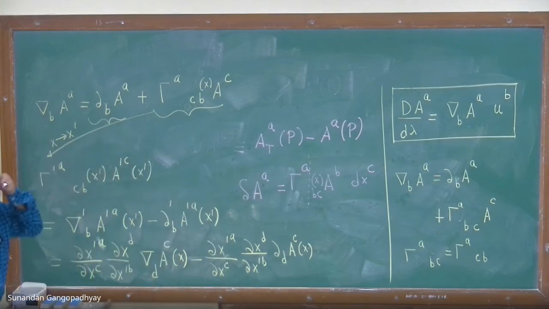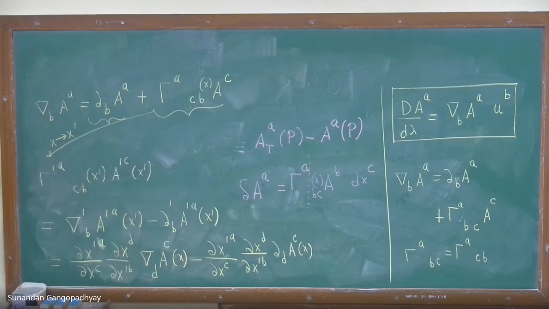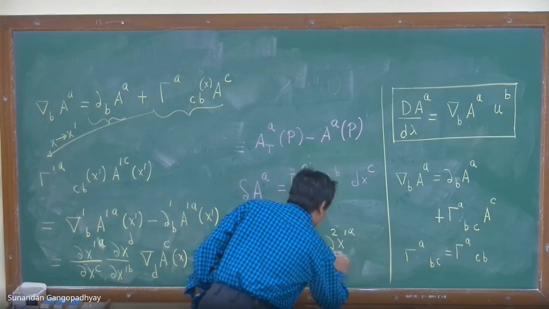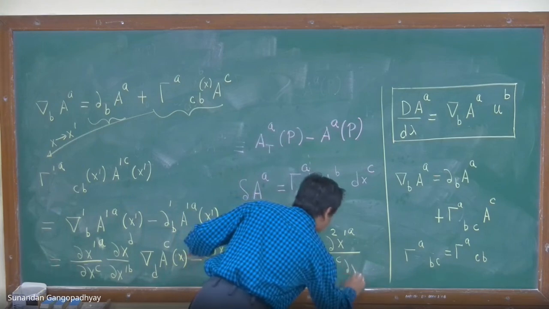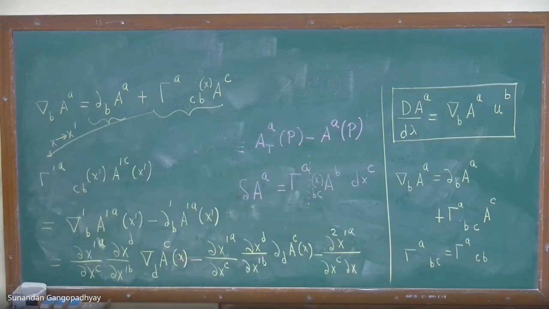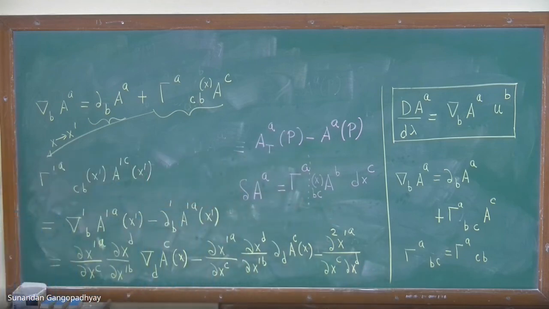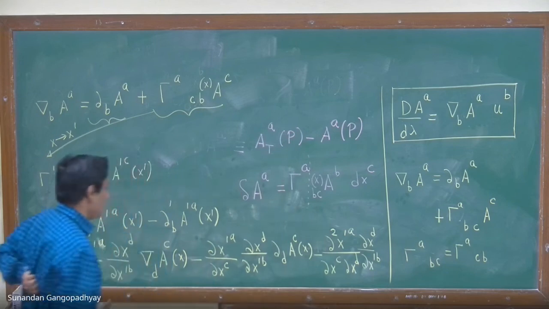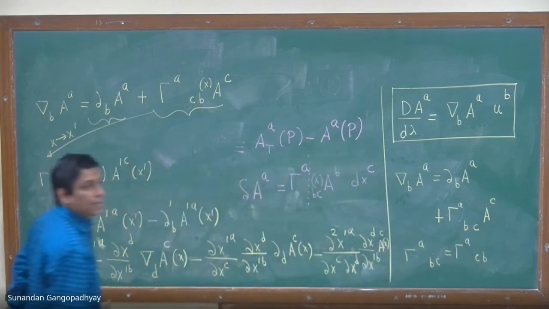But this is only one of the terms. We have another term because this does not transform in a tensorial way, and the other term is minus del^2 x prime A over del x^C del x^D, and there is another term multiplied by that, del x^D over del x prime B. AC, right?